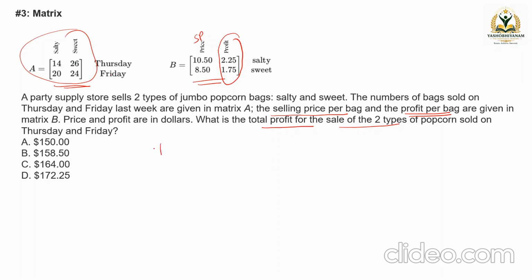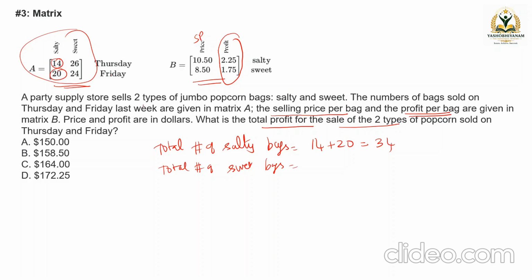The total number of salty bags, which you pick from matrix A, is 14 on Thursday plus 20 on Friday, equal to 34. And the total number of sweet bags, Thursday and Friday combined, is 26 plus 24, which is equal to 50 bags. So 34 were salty bags, and 50 were sweet bags sold on Thursday and Friday.